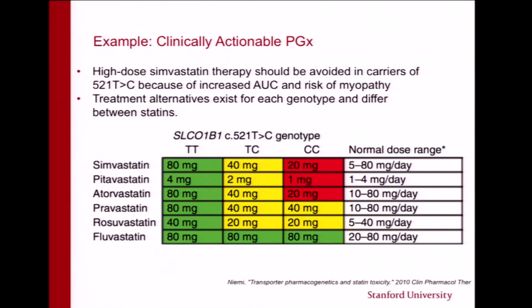So with simvastatin, for someone who has 2 copies of the T allele, you would give that person a lot higher of a dose compared to someone who has 2 copies of the C allele. Or we can just change which statin we use to treat these people.